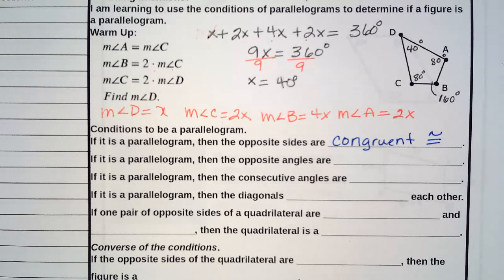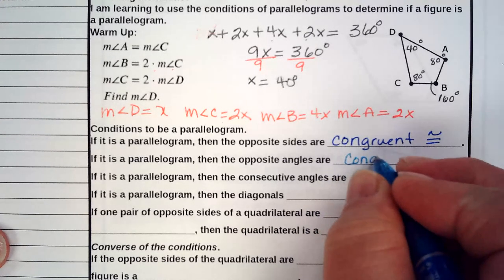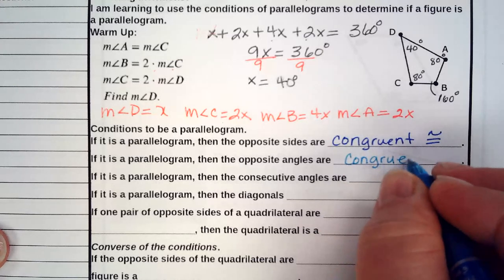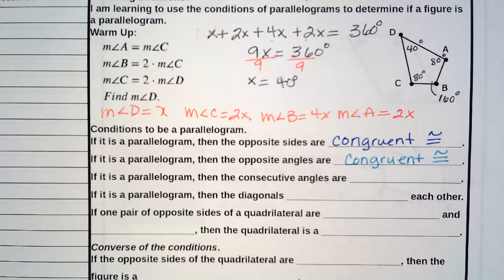If it is a parallelogram, then opposite angles are also congruent. But what if they are consecutive? They could be congruent, but more than likely they're not going to be congruent. They're going to be supplementary.